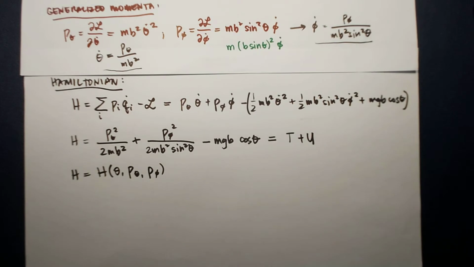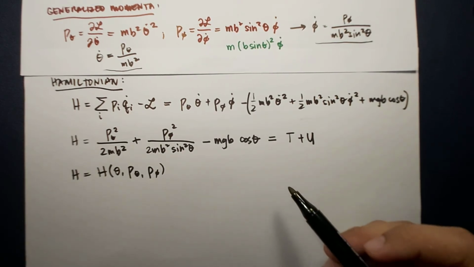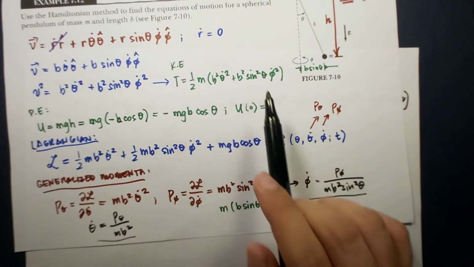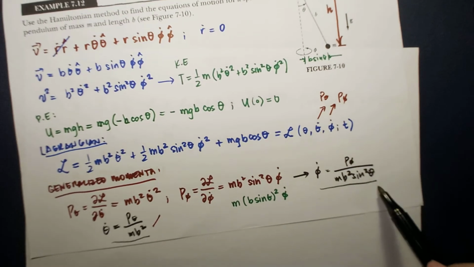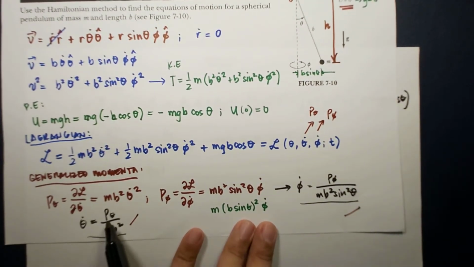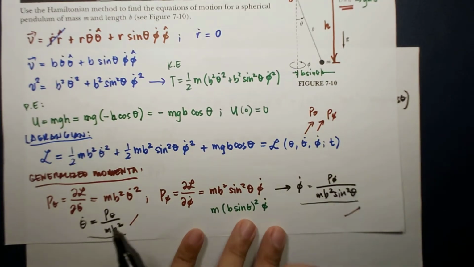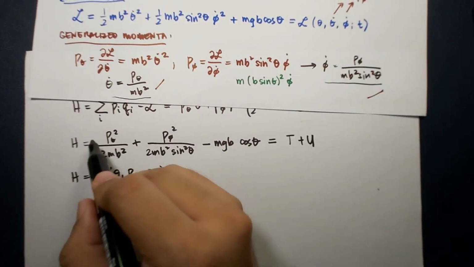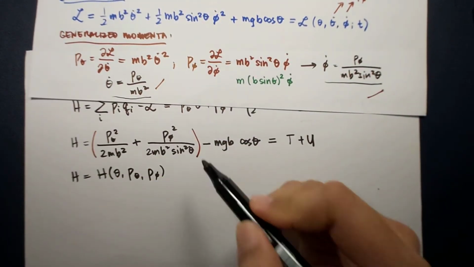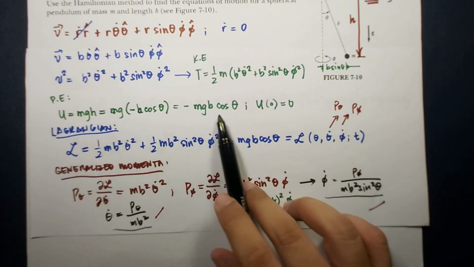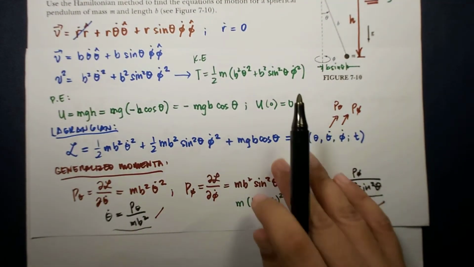Let's go back here. If we compute the kinetic energy of the system, substituting phi dot and theta dot in terms of the generalized momentum, we end up with this. And of course the potential energy would be minus m g b cosine theta.